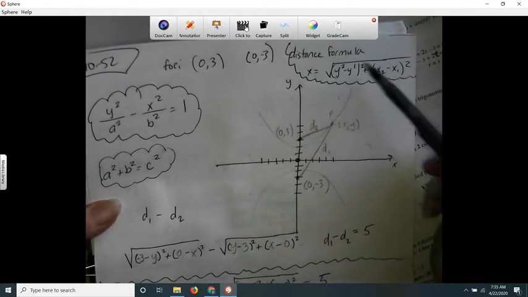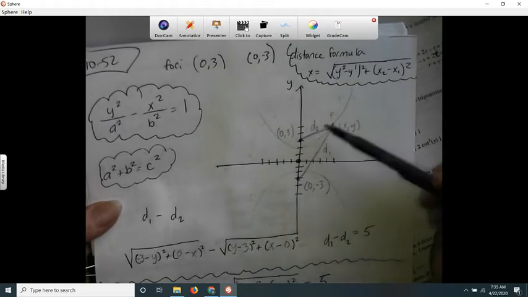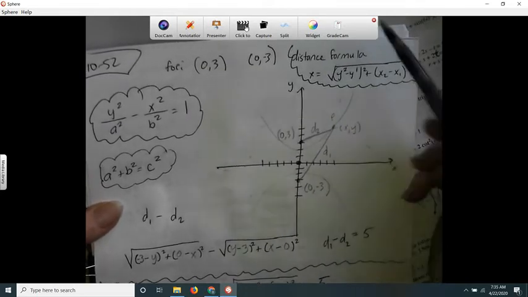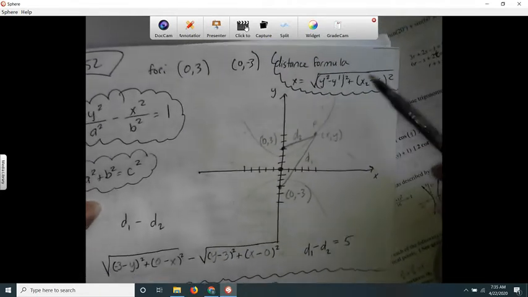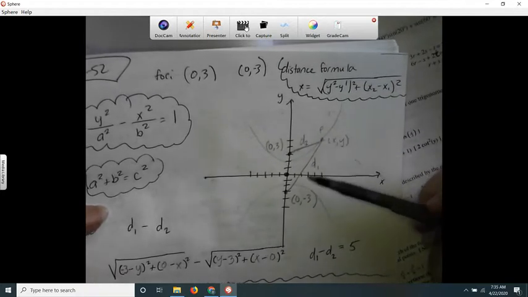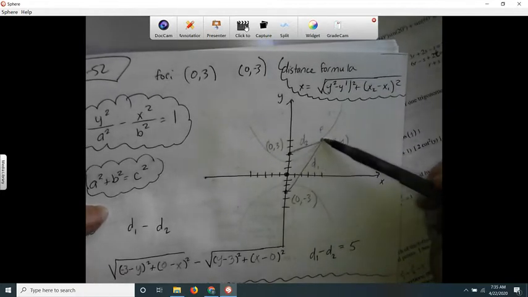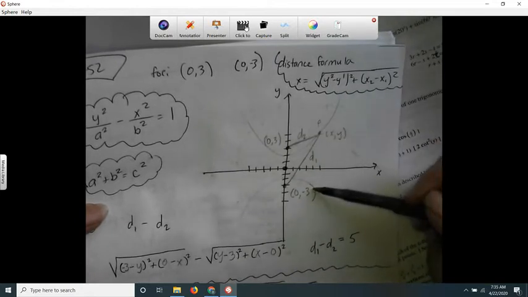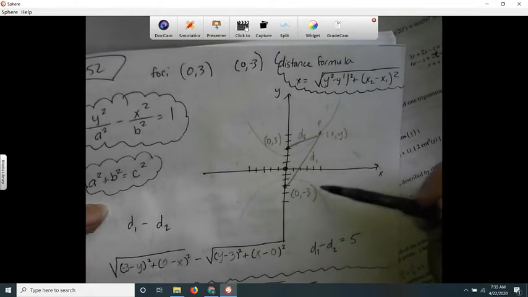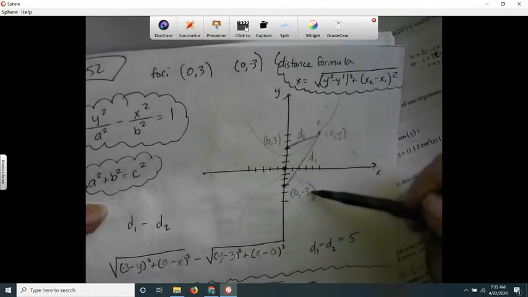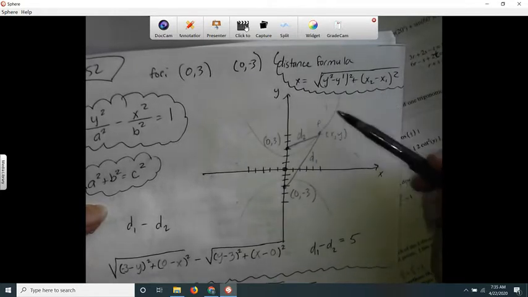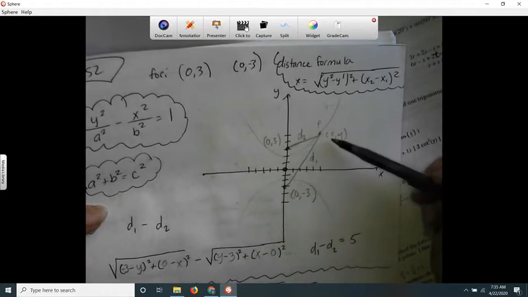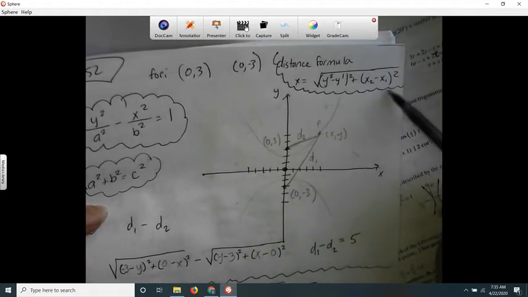We have a distance formula, and I went all over this in the lecture video. The distance formula comes from the Pythagorean theorem: I get this distance by going y2 minus y1 and squaring it, and then x2 minus x1 and squaring it.